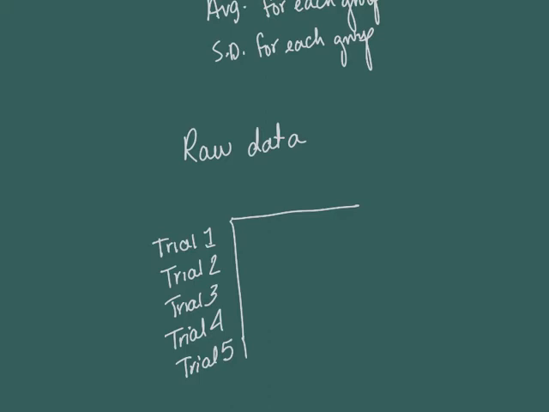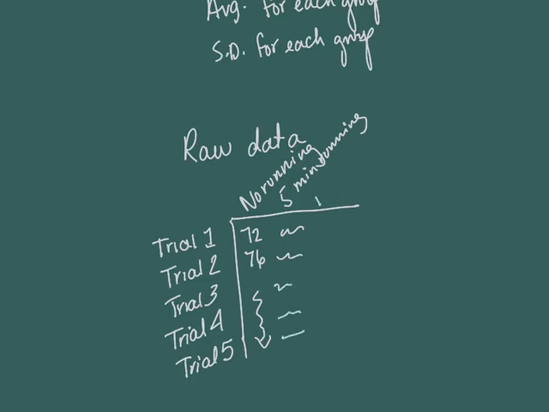So the first time they try to find heart rate, for example, they'll write down the heart rate under no running as your treatment group. And they get 72 beats a minute, and then they do it again at 76 beats a minute, et cetera, down the line. And then they do 5 minutes of running. And then they get some data, and then they do 10 minutes and get some data, etc.